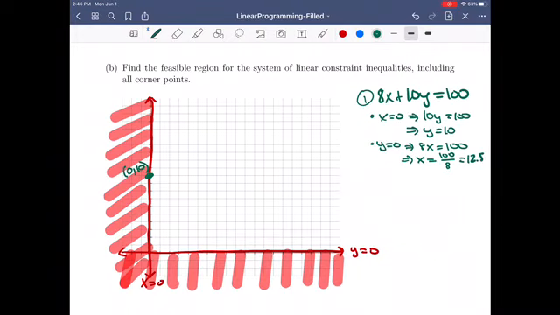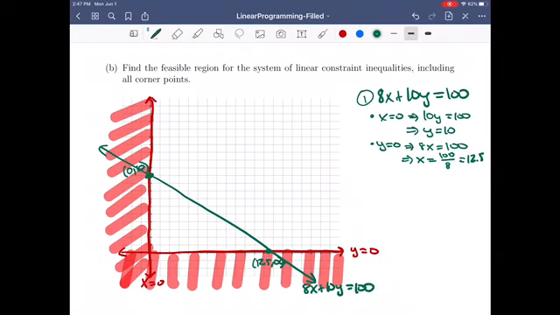Okay, so 1, 2, 3, 4, 5, 6, 7, 8, 9, 10, 11, 12 and a half is right here. Okay, so I want to connect those. Okay, so this is our equation, 8x plus 10y equals 100.